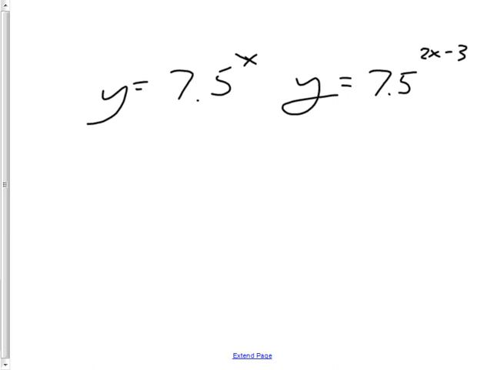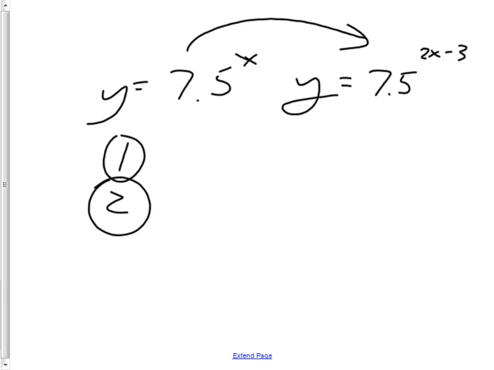The order matters. For the 2 things you'd have to do to get this one to turn into this one, you'd have to do this and then you'd have to do that. Make sure you do it in the right order. That's one of those things you get tested on so many times this year. You've already been tested on it like 5 times, the order. It's probably going to come up again.